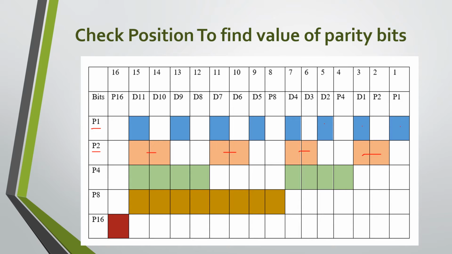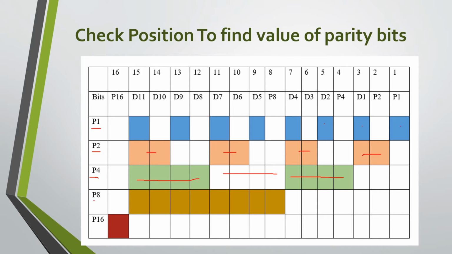Then to find the value of P4, start from P4, and consecutive 4 bits will be checked, then ignored. After that, consecutive 4 bits and again consecutive 4 bits will be used to find the value. The same pattern will be used for the next bits also.